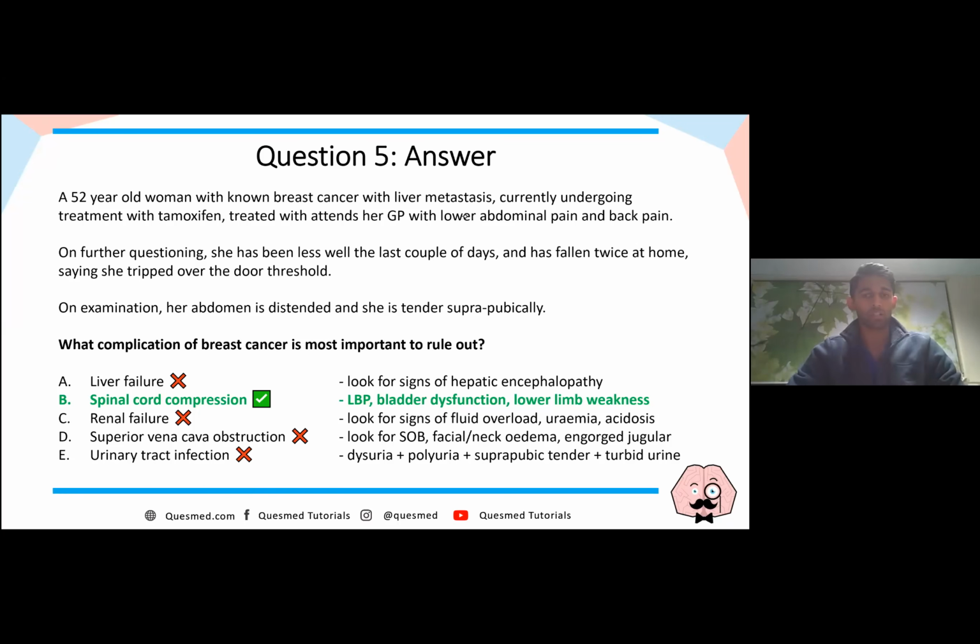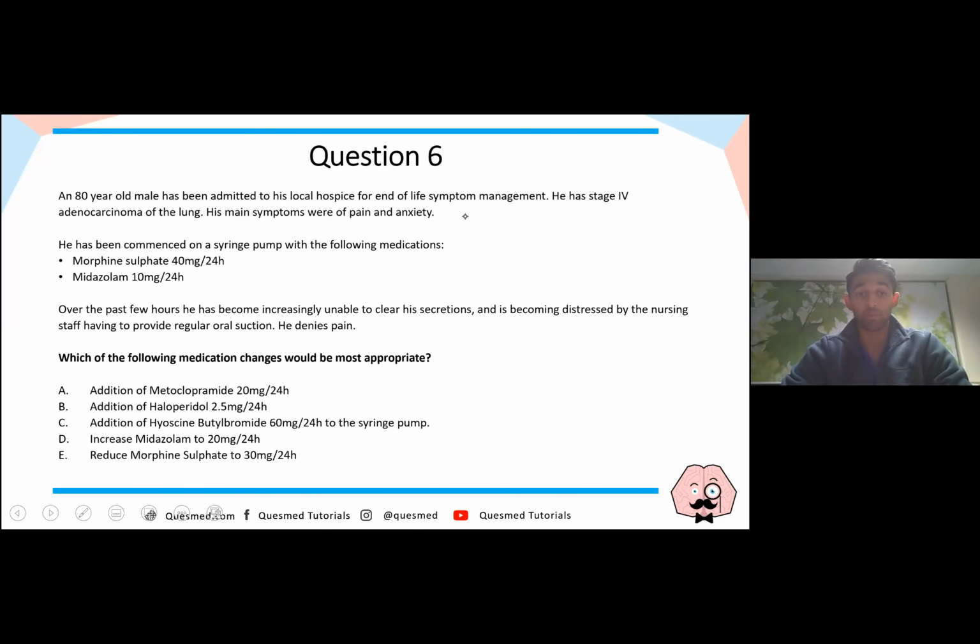Okay, question 6. So the last question, the 3 questions are a little bit quicker. Well, the questions are longer, but there's less explanation. So have a read.